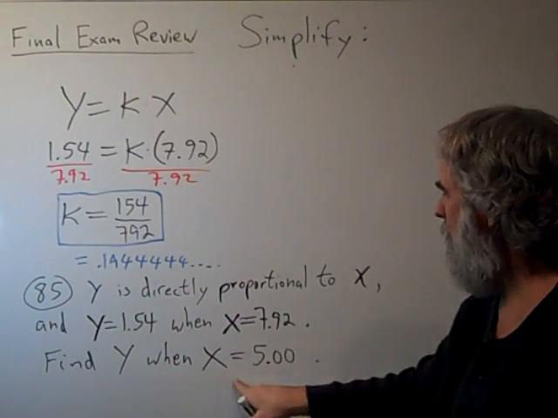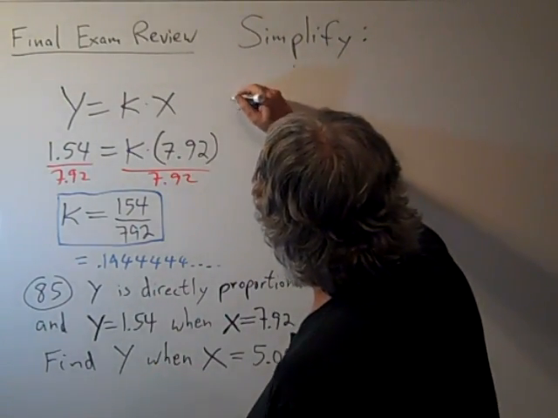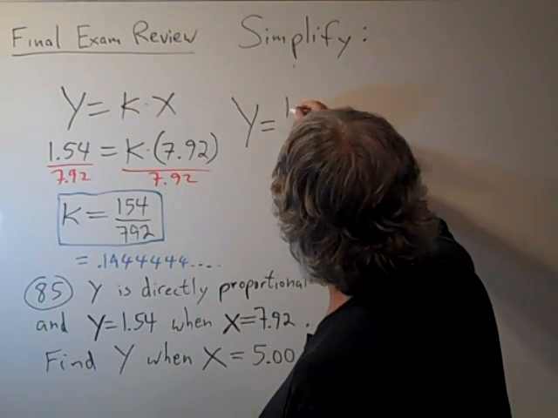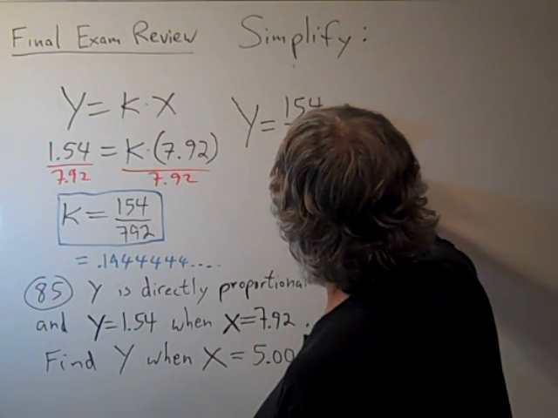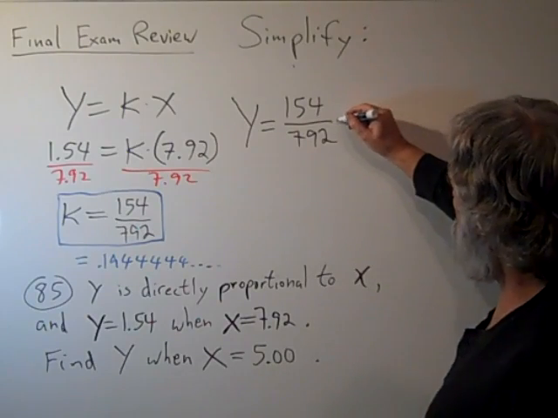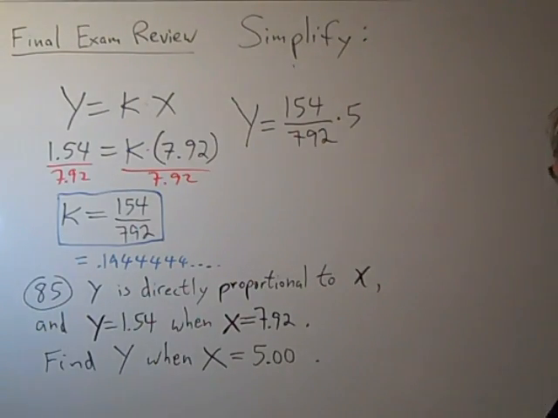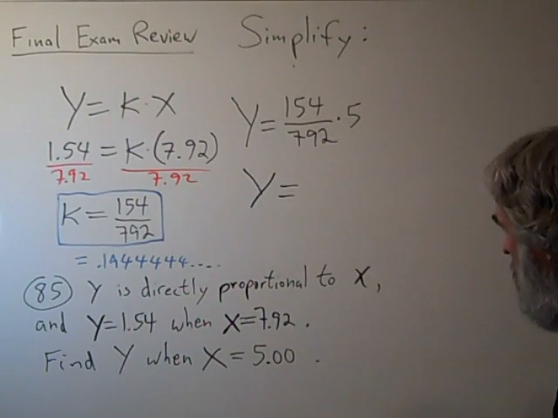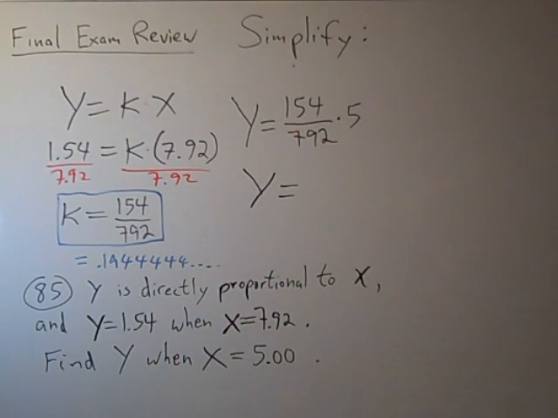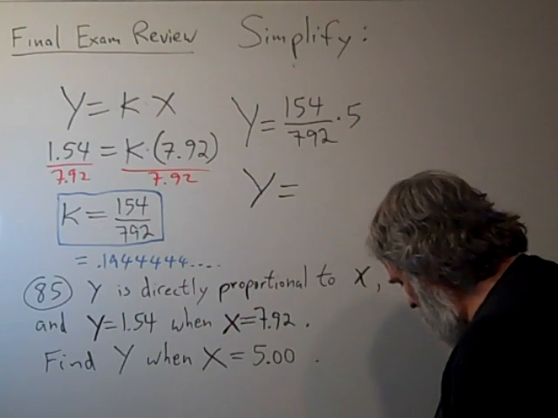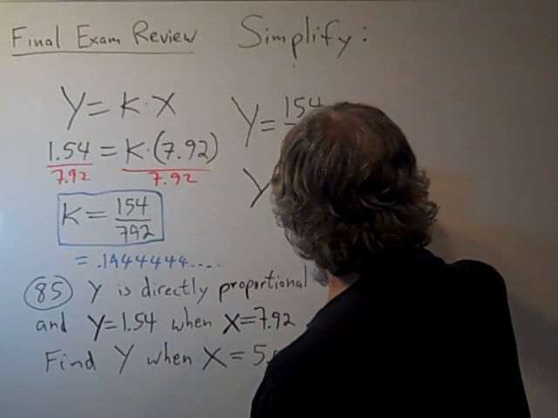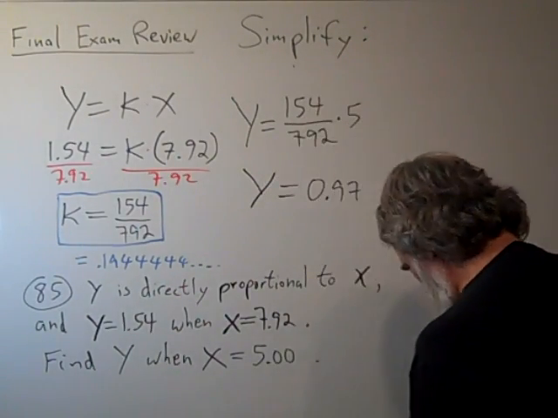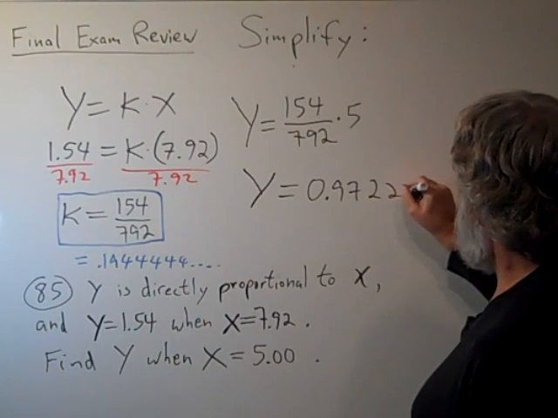Now find Y when X is 5. Well, Y then is going to equal K times 5. And let's calculate that. So we have 154 divided by 792 and then times 5. And I get 0.97, 0.97, and then a bunch of 2's.